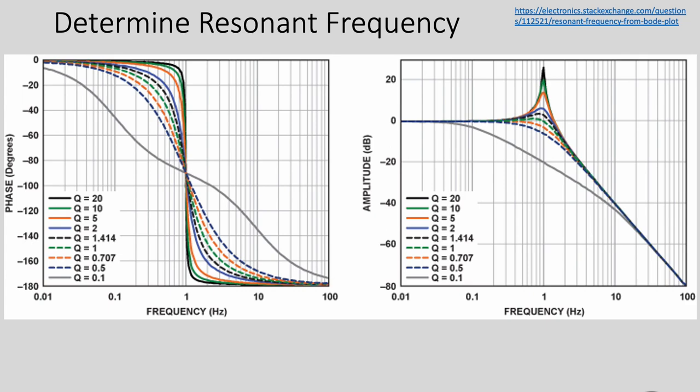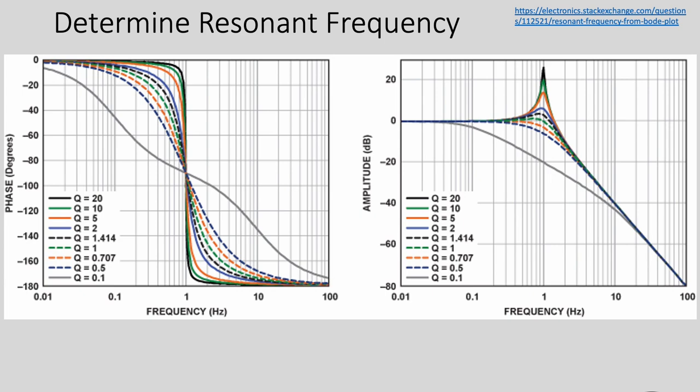To determine the resonant frequency, we can see our phase plot on the left, and we note that our two poles will have a decrease of 90 degrees in phase per pole, so this gives us a total decrease of -180 degrees, when we have our two poles here at 1 Hertz frequency.